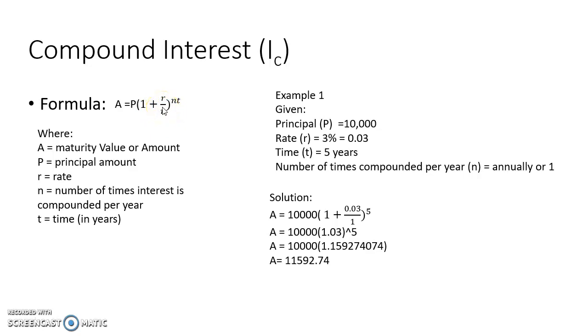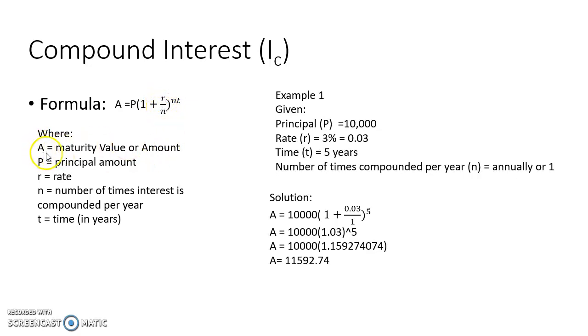Kung halimbawa, semi-annually, so ito ay 2. Kung quarterly, ito ay 4. Kung annually, ito ay 1. So, magiging R over 1 yan. So, magiging R na lang.